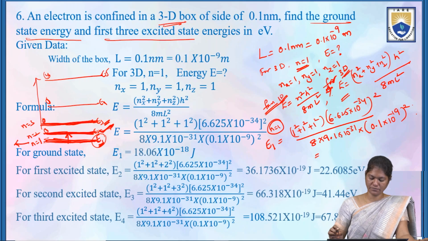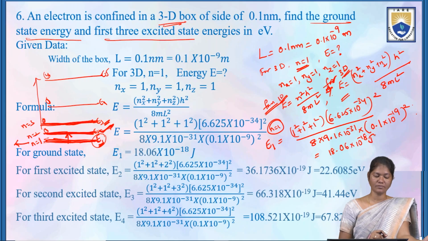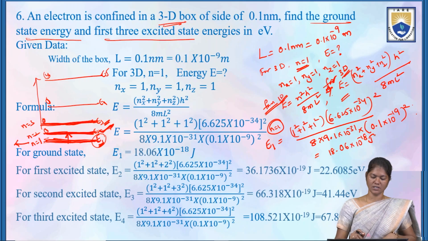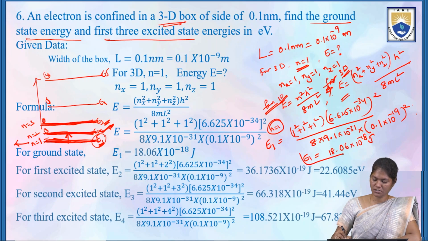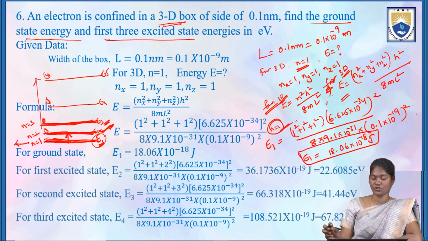So this one we get 18.06 into 10 power minus 18 joule. So this is E1. E1 means ground state energy, when n is equal to 1.